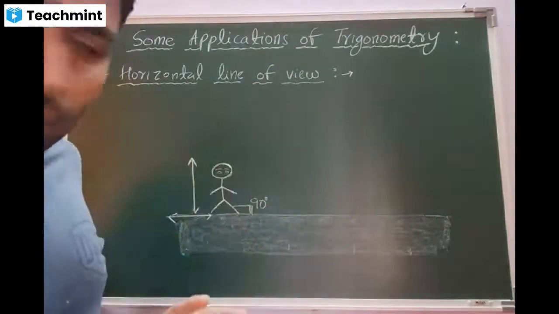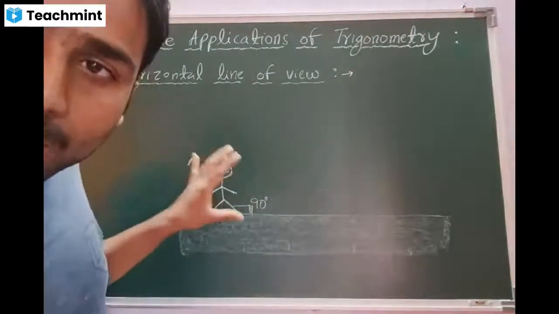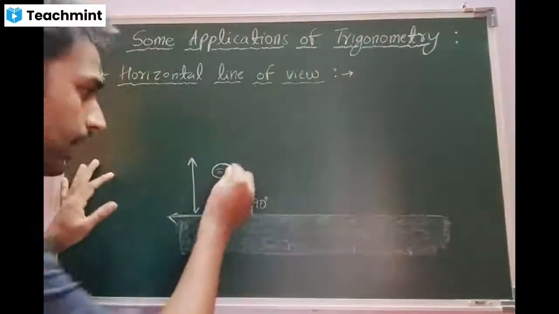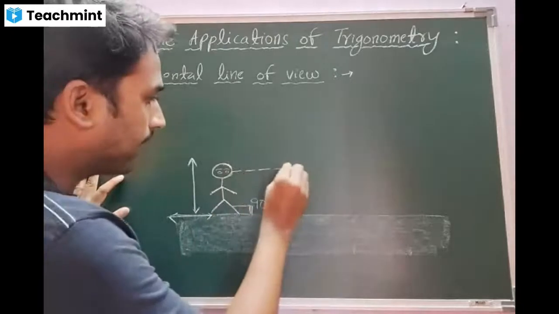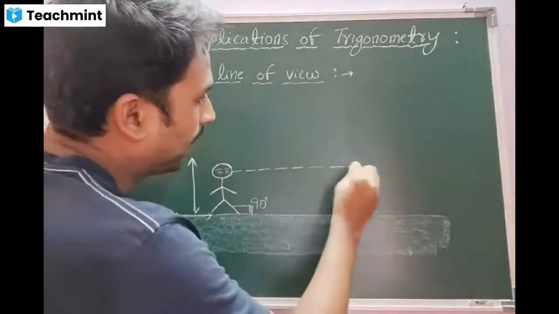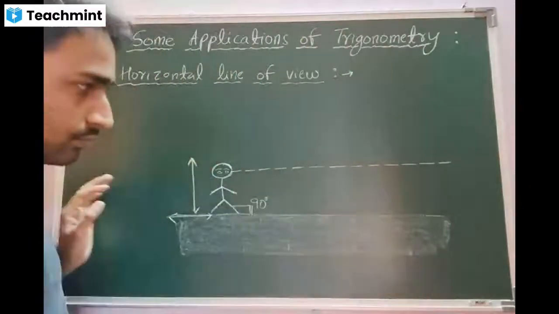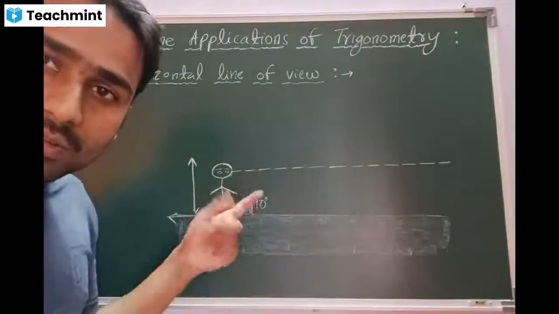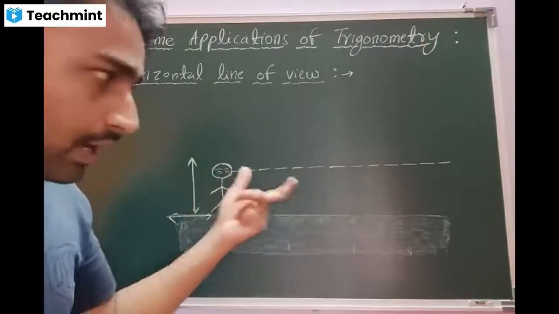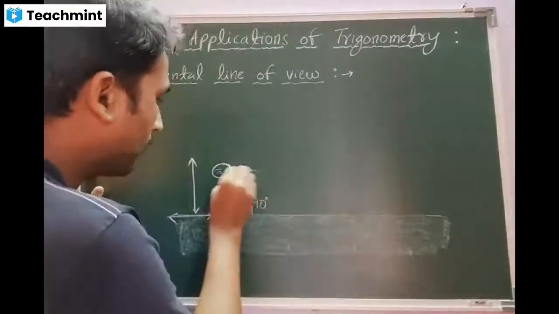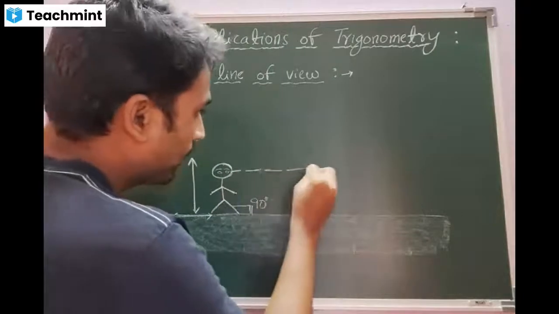Under this condition, if we make him look straight, we can draw one dotted line, one imaginary line from his eye. This dotted line is going a bit up. I have to make it straight, horizontal.